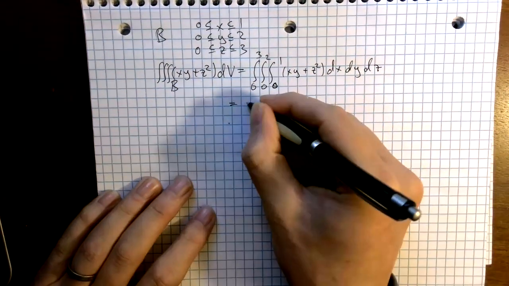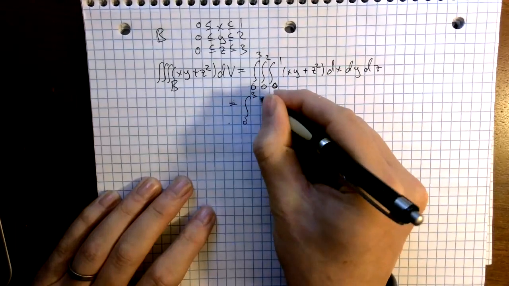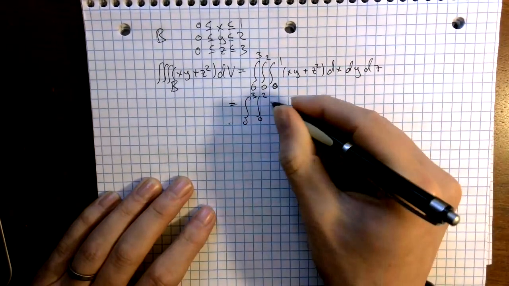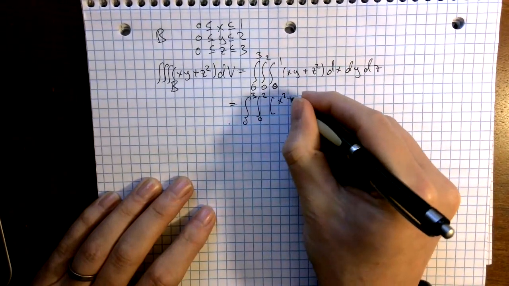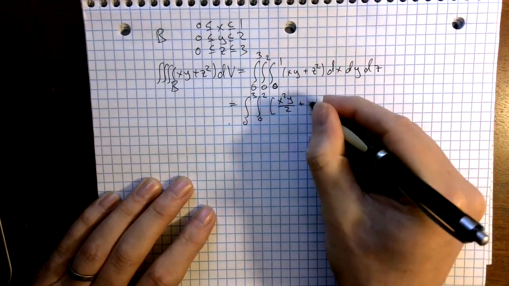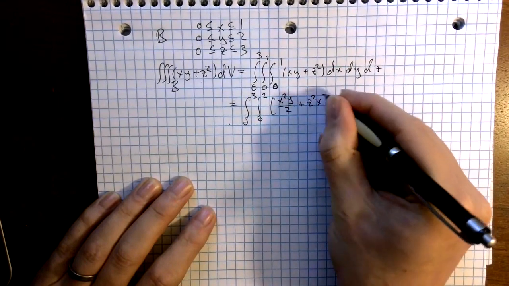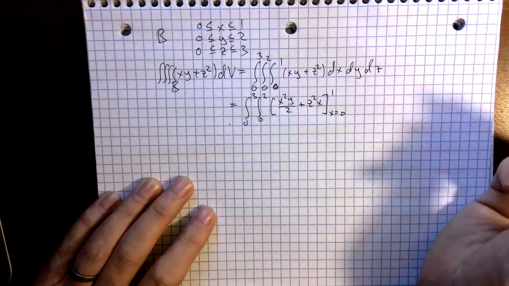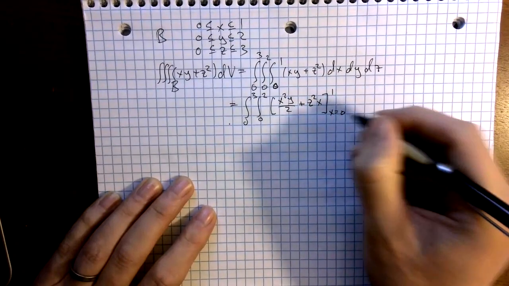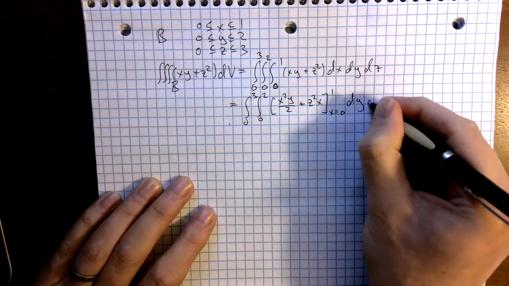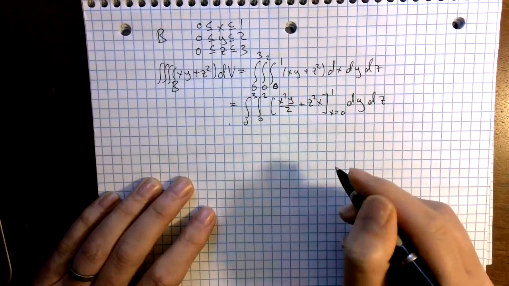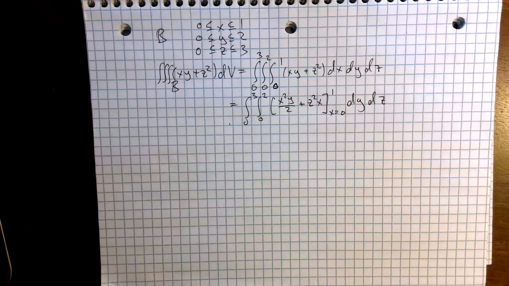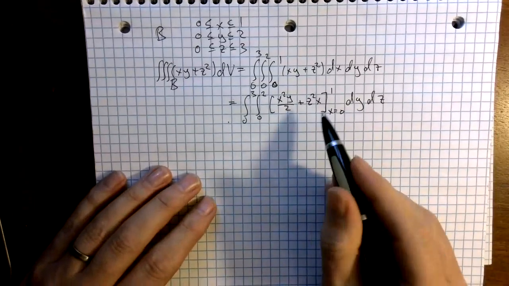And so now let's solve the innermost integral, right? So x squared y over 2 plus z squared x going from 0 to 1, dy dz. We could have done that in an easier way, but let's just do this in the most straightforward way.